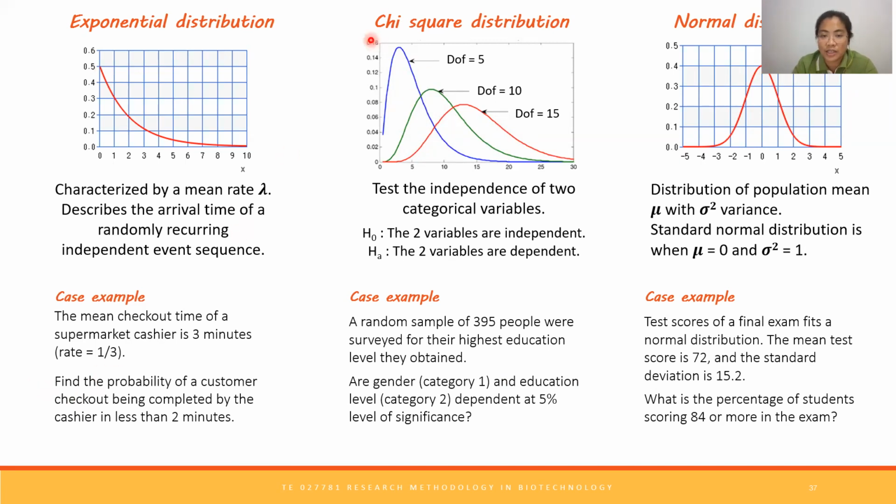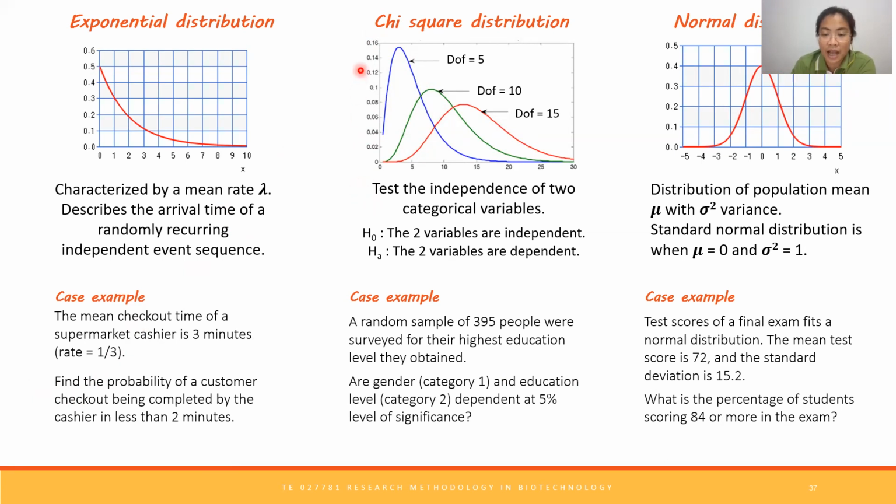Now, from chi-square, normal, F distribution and T distribution, these are probably related to us more than what I have said earlier.